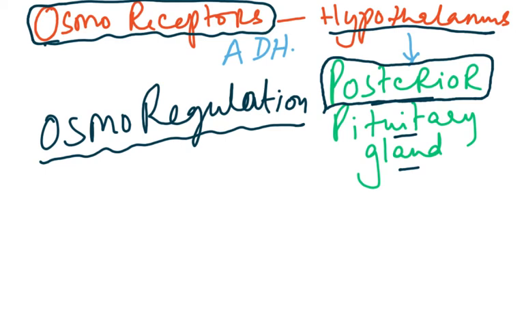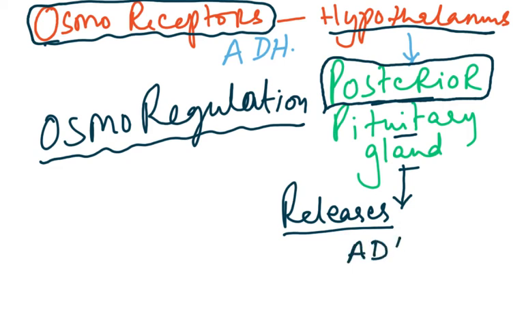The posterior pituitary gland then releases, please, I'm saying releases, I didn't say produces, the hormone ADH. ADH stands for anti-diuretic hormone.